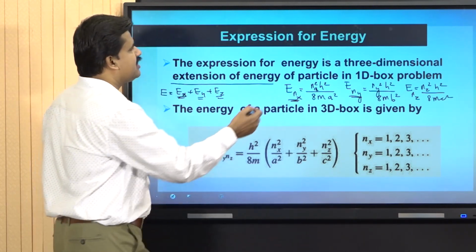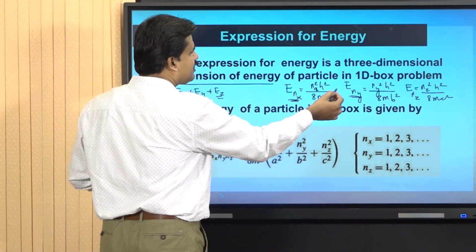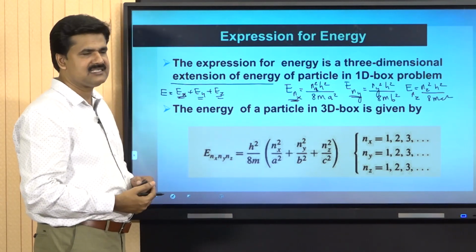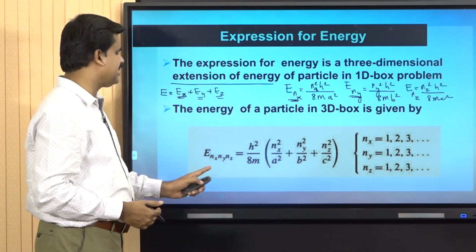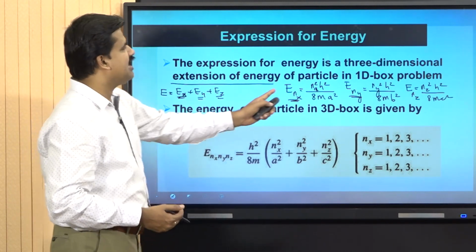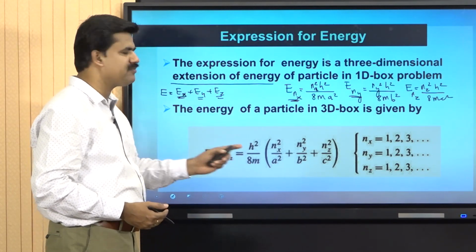In all the three expressions, h square by 8m is a constant, and that can be taken outside the bracket. We have to add these three terms together, taking common factor h square by 8m.